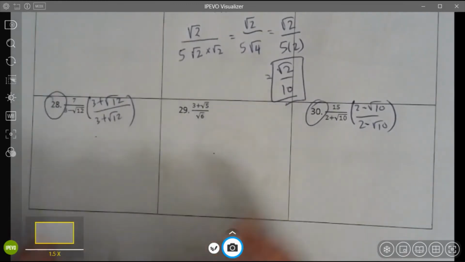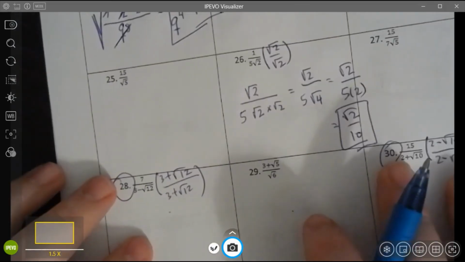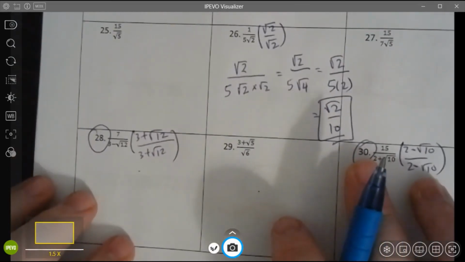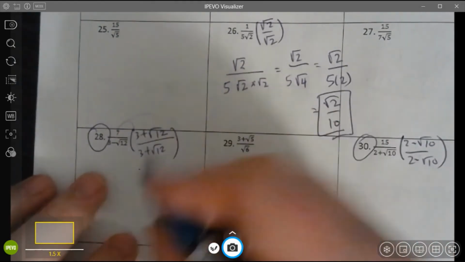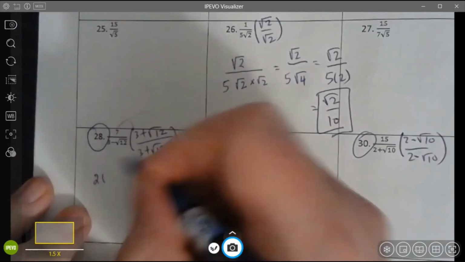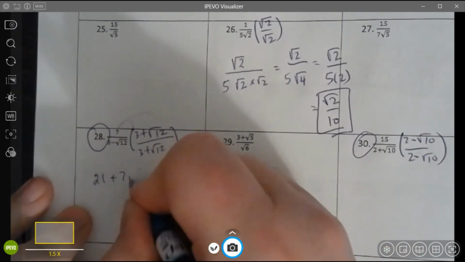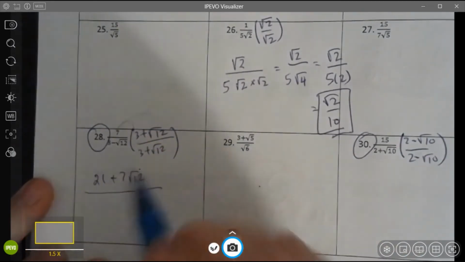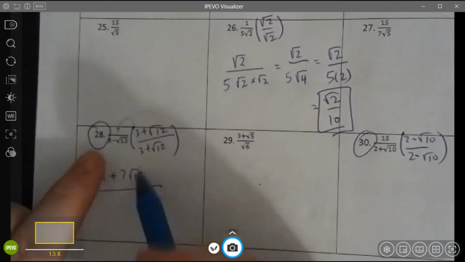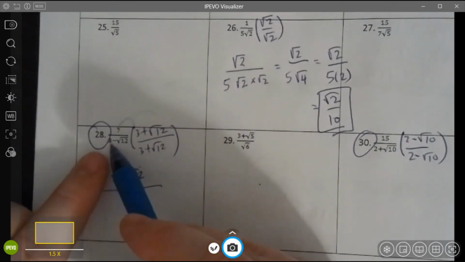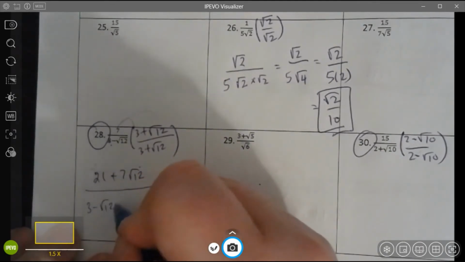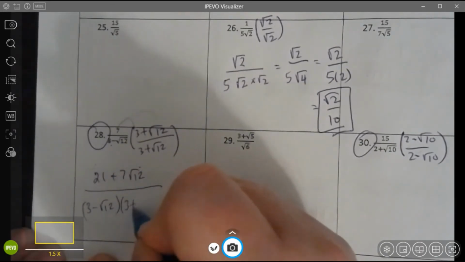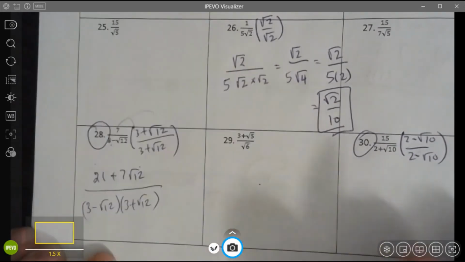So for 28, let's go ahead and distribute the 7. 7 times 3 is 21, and 7 square root of 12. And on the bottom, we can think of this like FOIL. I have 3 minus square root of 12 times 3 plus square root of 12 on the bottom.